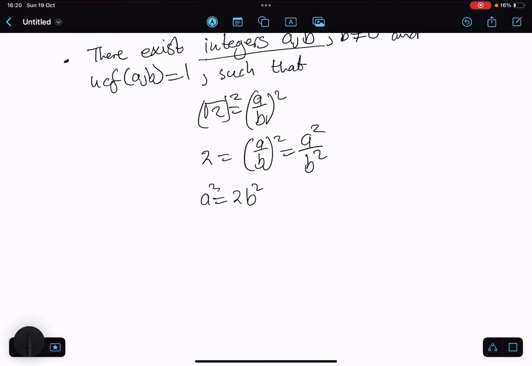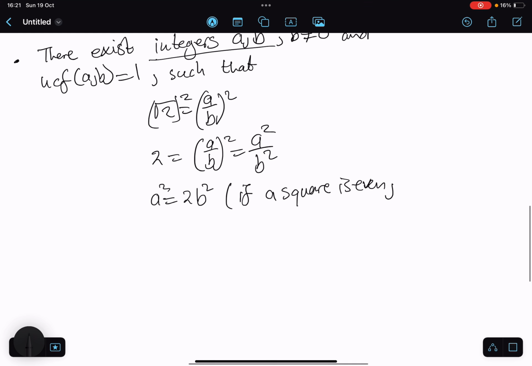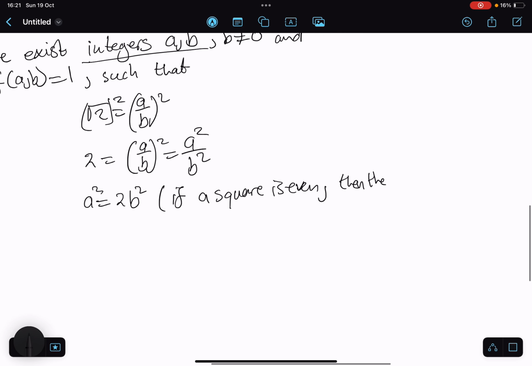Since both numbers have the highest common factor 1, I can just say if a squared is even, then the base is also even.